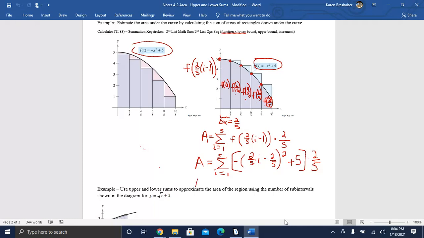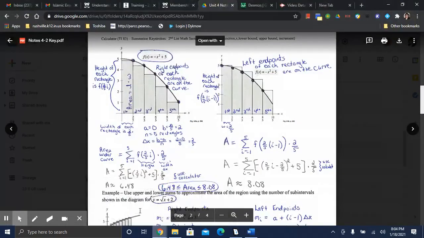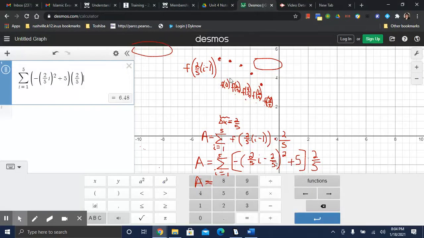So I have my height times my width. And once again, I want you to be able to use a calculator to get this area approximation. I'll show it to you on Desmos. I've got that pulled up now, so we should be able to do the calculation. And actually, I can just modify the one that I already have, which is kind of a nice thing about Desmos.